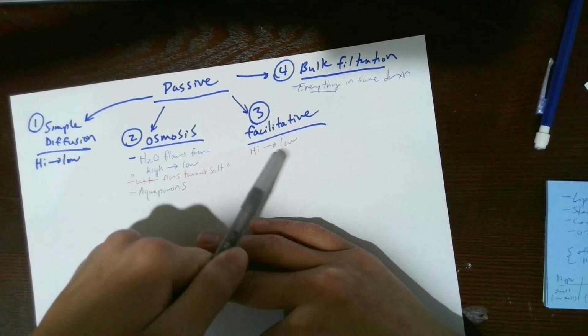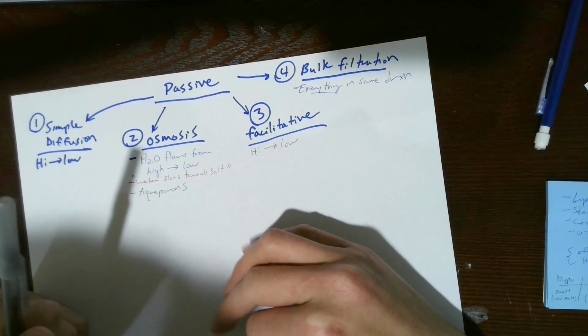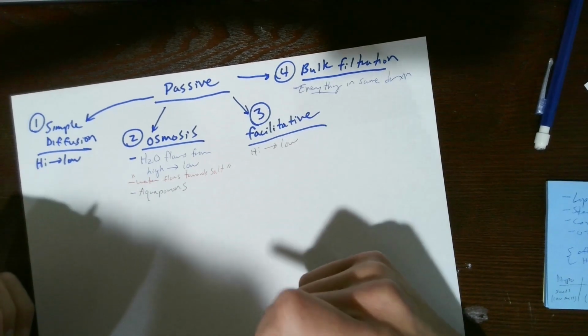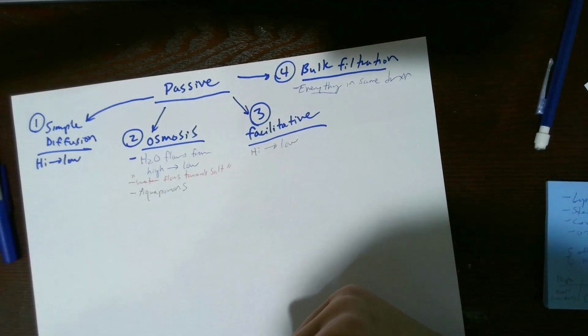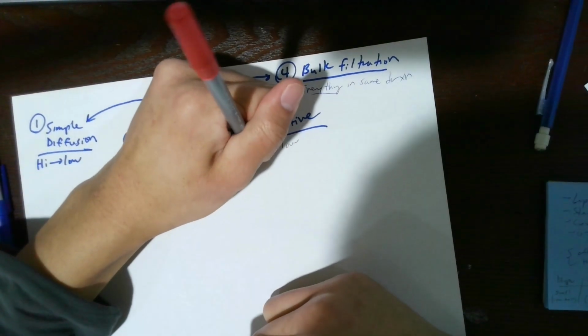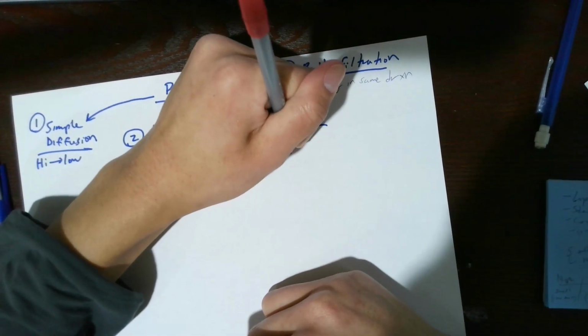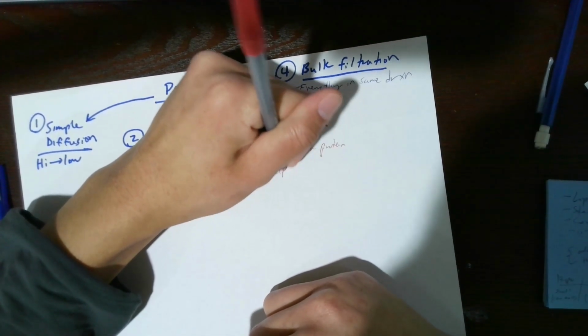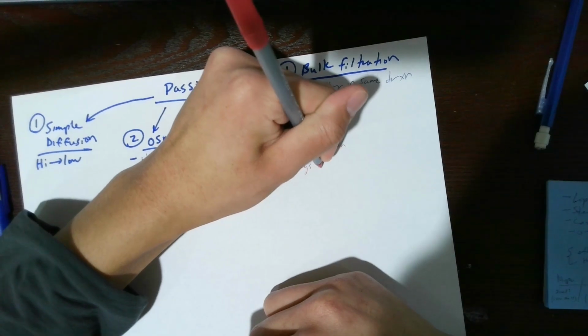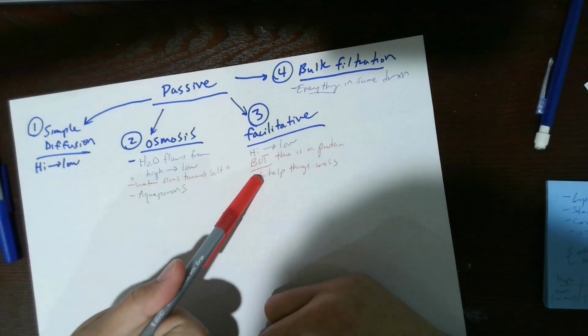It still goes from high to low. But now we need to have a protein to help. So I'm going to say it goes from high to low, but there is a protein to help things cross.